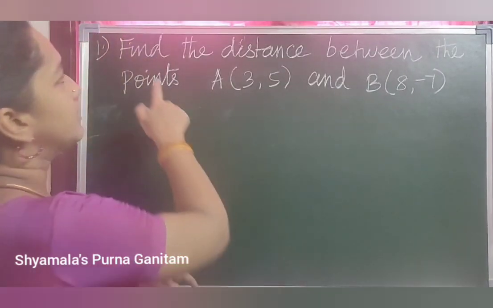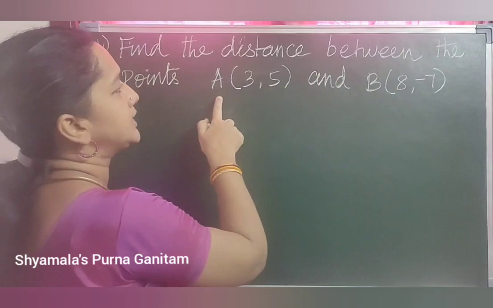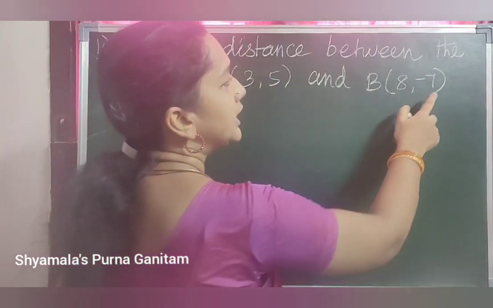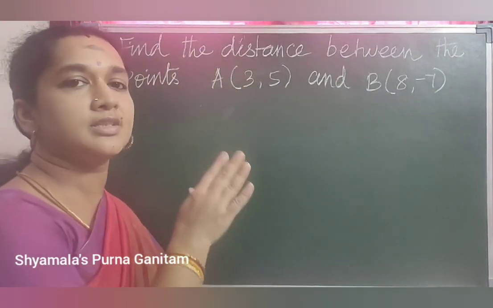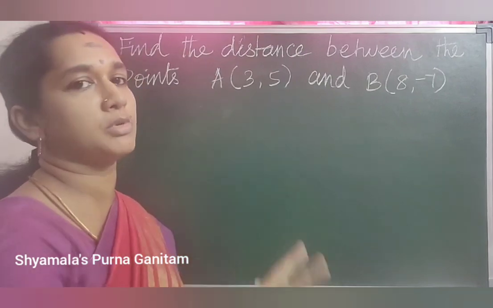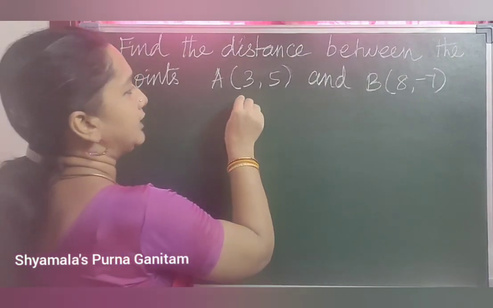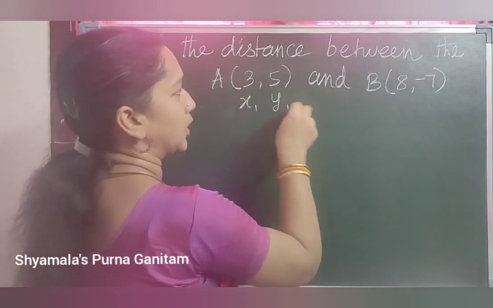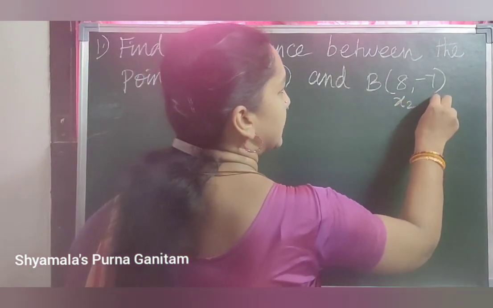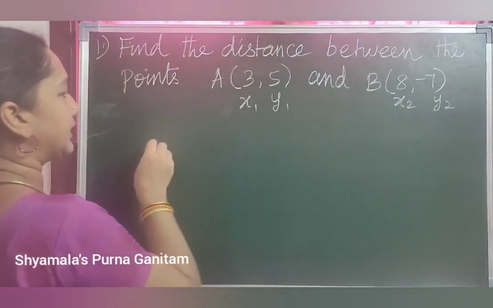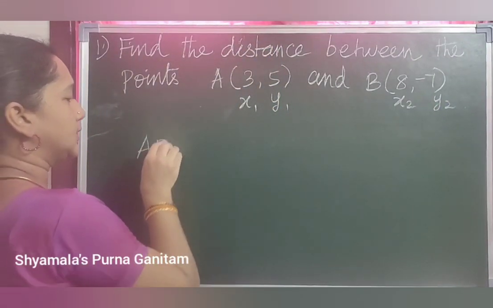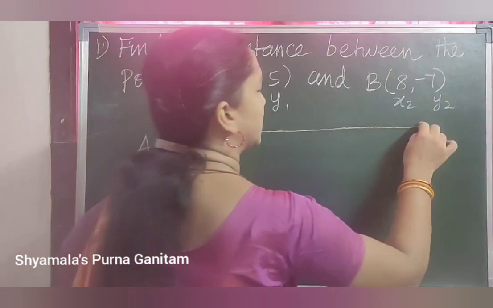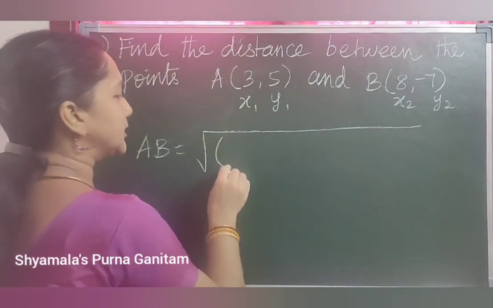The first sum is: find the distance between the points A(3, 5) and B(8, -7). This is a direct formula application sum. Take the point A (3, 5) as x1 and y1, and B as x2 and y2, and substitute directly. We are asked to find AB.